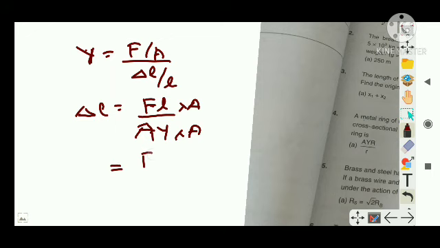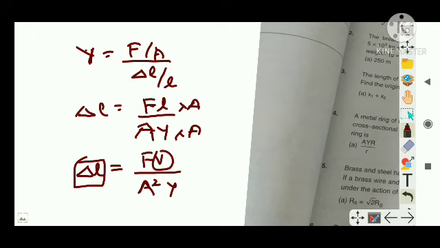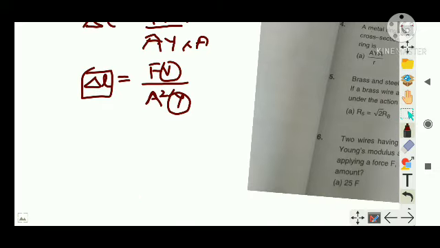So I can write delta L is force into volume divided by A squared into Young's modulus. If L is constant and you are told it has the same volume, and the Young's modulus is constant, right? So I can say force is directly proportional to area squared. F is proportional to area squared.